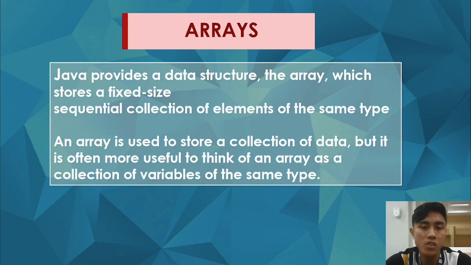Java provides a data structure which stores a fixed-size sequential collection of elements of the same type. So arrays, in short, are applicable in programming when you want to store certain data.